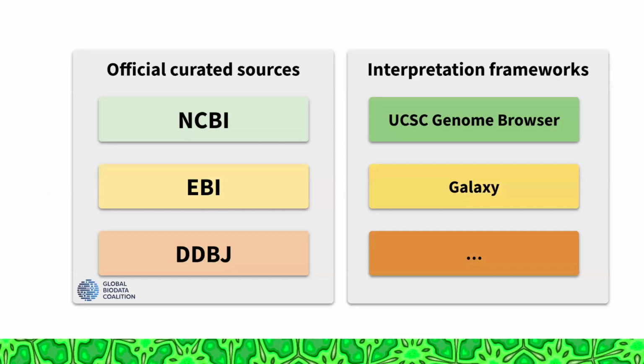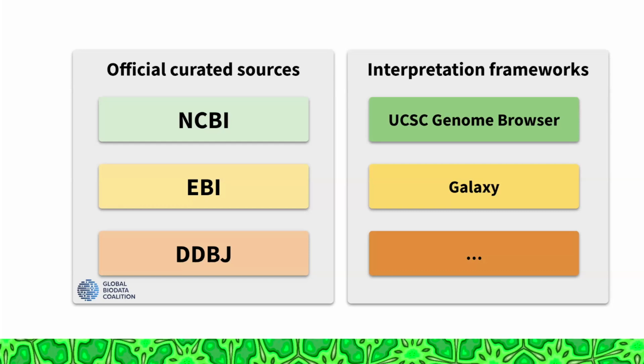Generally, most of the data we analyze on a daily basis when we're trying to interpret our own results, we get from public repositories. There is a big umbrella organization called Global Biodata Coalition. There are also the three resources that most of you know about, NCBI, the National Center for Biotechnology Information, part of NIH, part of the National Library of Medicine specifically.